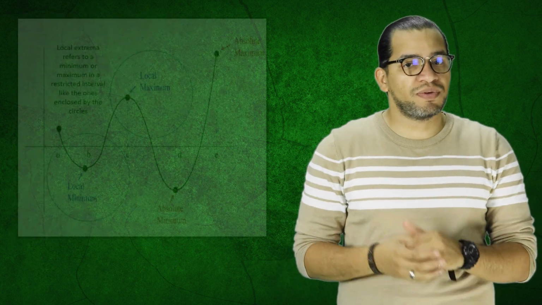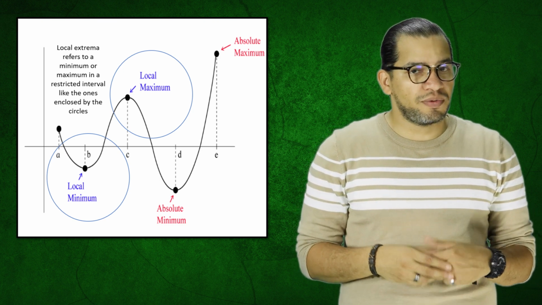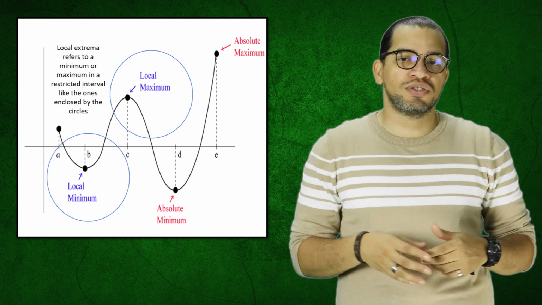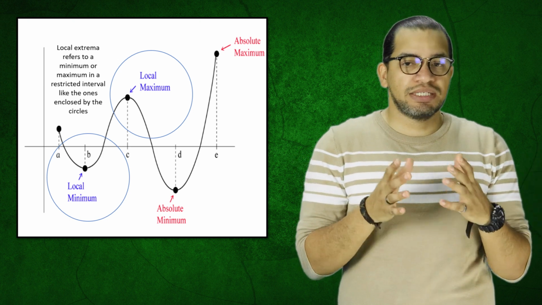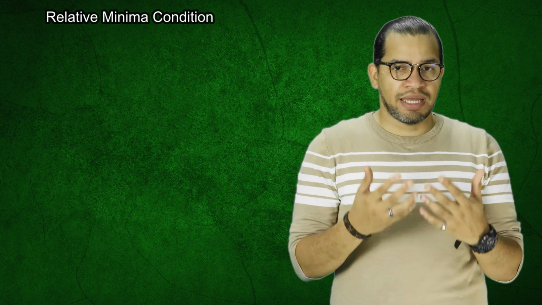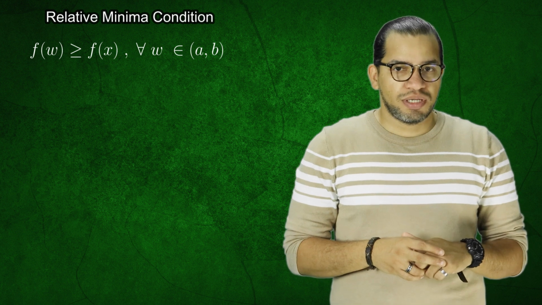Now, the concepts of relative minima and relative maxima are similar to the concepts of absolute minima and absolute maxima, but instead of taking the entire domain of the function, we take a restricted area determined by an interval. We say that a function f has a relative minimum determined by the point (x, f(x)) in the interval (a, b) if, for any point w in such an interval, f(x) is less than or equal to f(w).